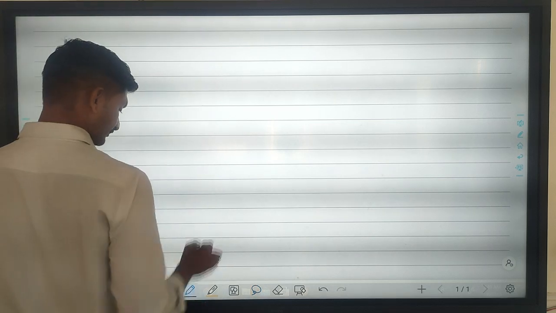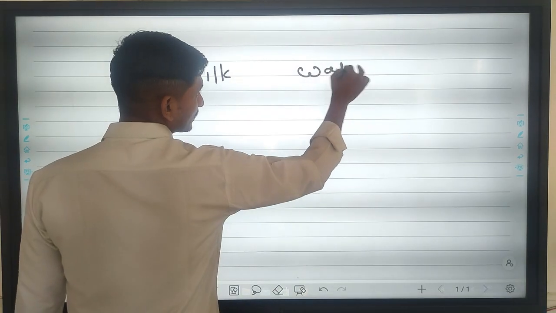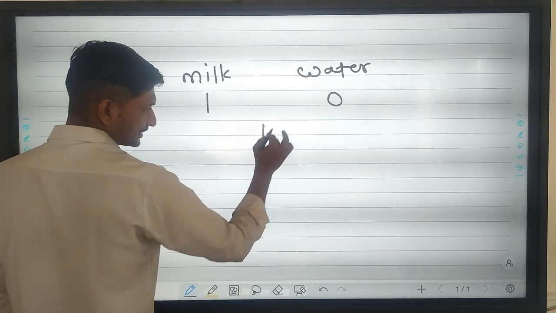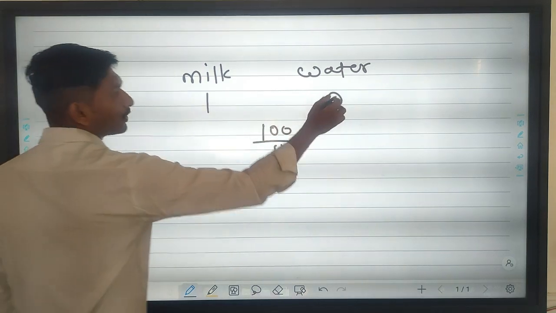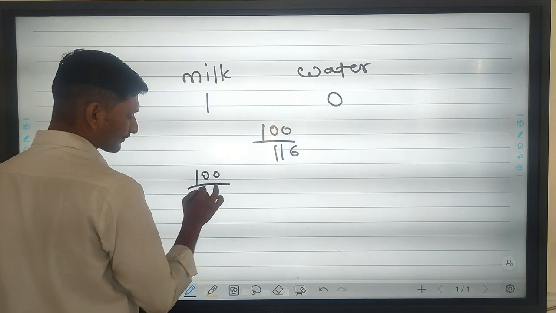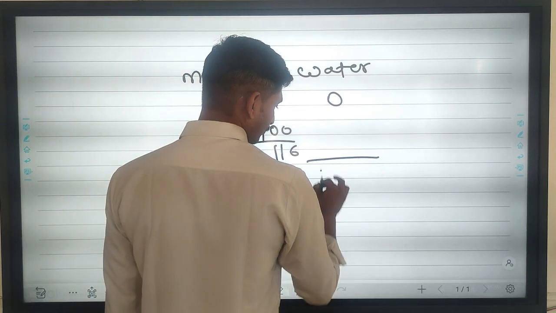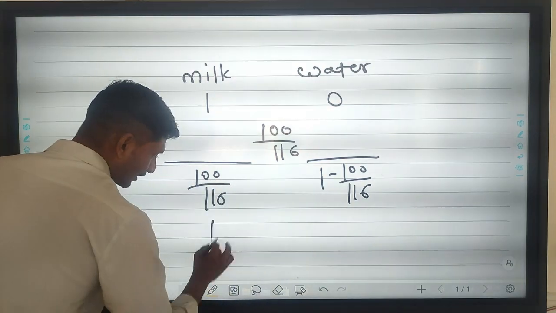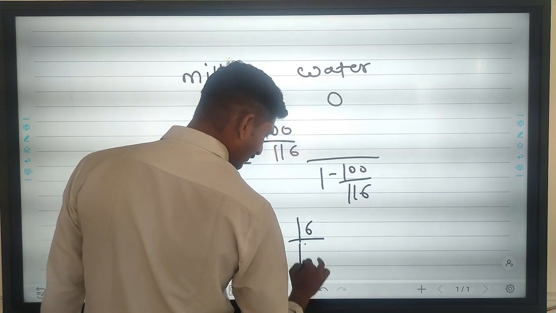Milk is 1 rupee, water is 0 rupees, and the CP is 100 divided by 116. Then we write the subtraction of these two: 100 divided by 116, and 1 minus 100 divided by 116, which is 16 divided by 116.